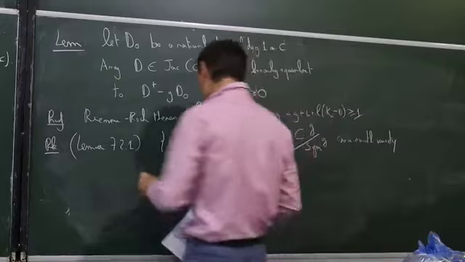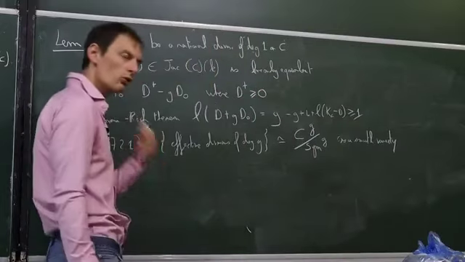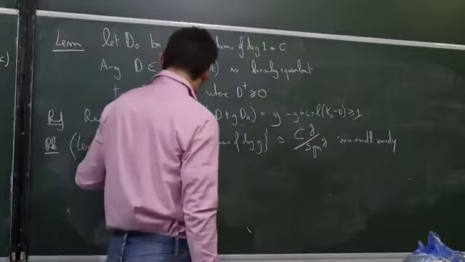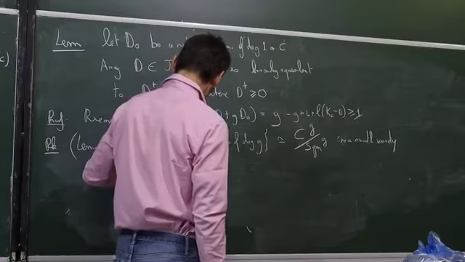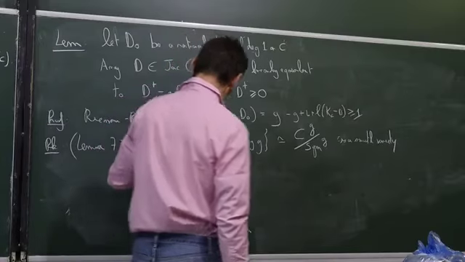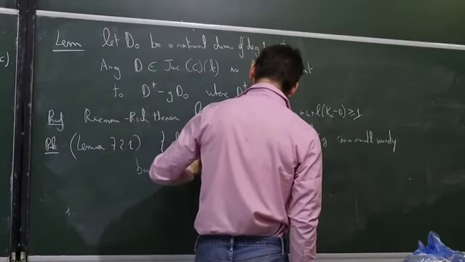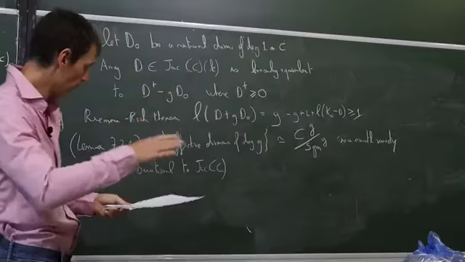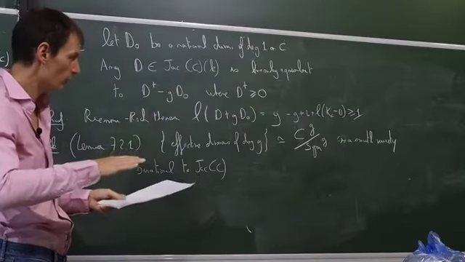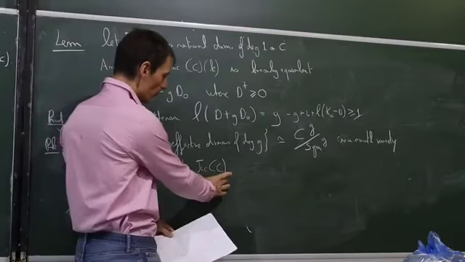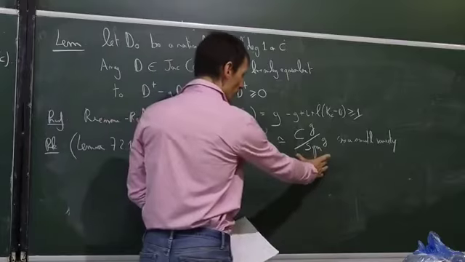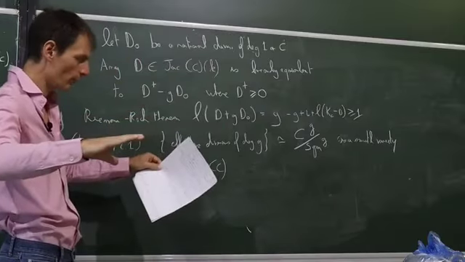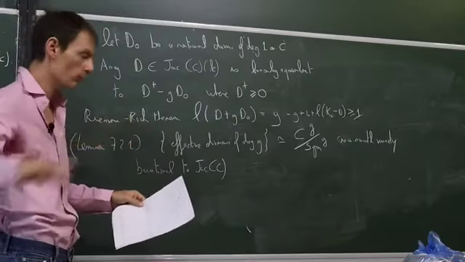And this smooth variety is actually not too far from being the Jacobian, meaning that it is birational to Jac of C. And birational just means that if you have an open set on the Jac C, you have an open set on this variety, such that if you restrict to this open set, you have an isomorphism between them.